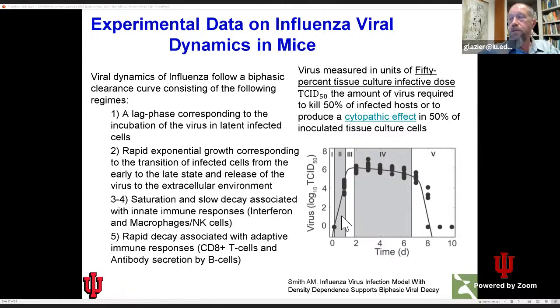So from 0 to day 1, we see a 10,000-fold increase in the amount of virus. Then sometime between day 1 and 2, there is something that comes close to being a maximum, saturation. Maybe day 3 is a little higher than day 2, although that's not always so easy to tell.